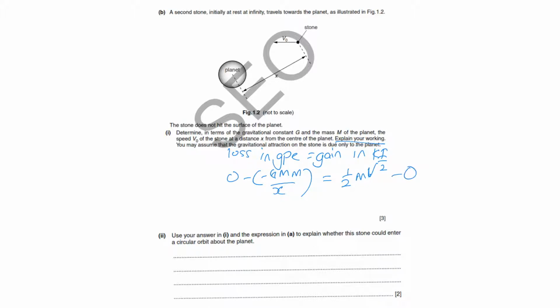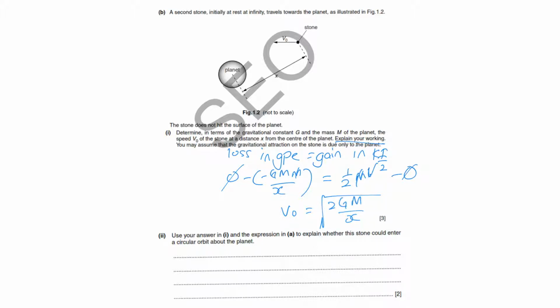So the 0 you can forget about, then the negative becomes a positive. After that you can cancel one m, and you can get the value of v0. So v0 will be equal to the square root of 2GM over x. Alright, so that's what you want to prove.